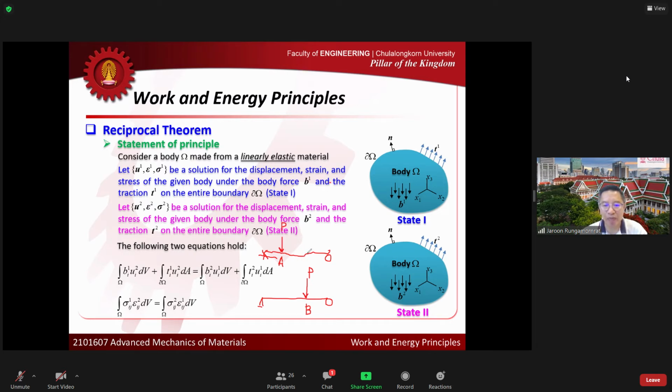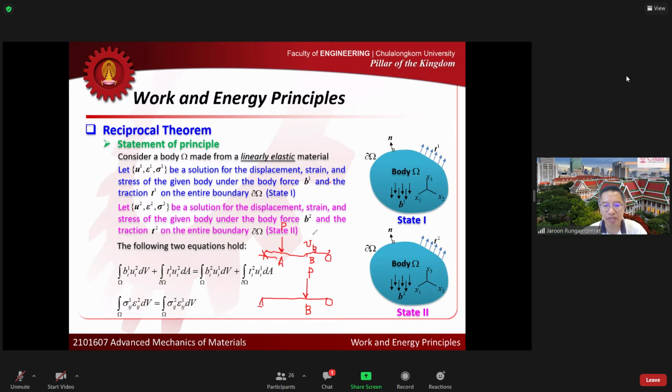Now I look at the point B, the same point that we apply the force for the second case. Now I compute the displacement. Okay, let's say that I record VB. VB is the vertical displacement or the deflection of the first beam.